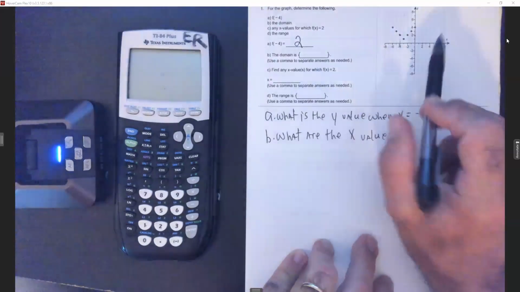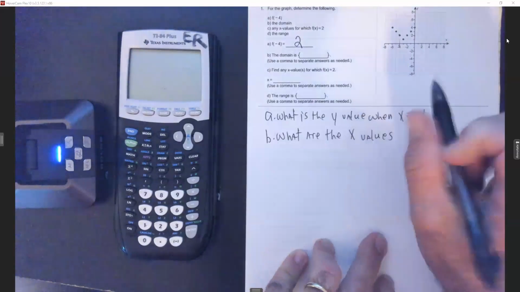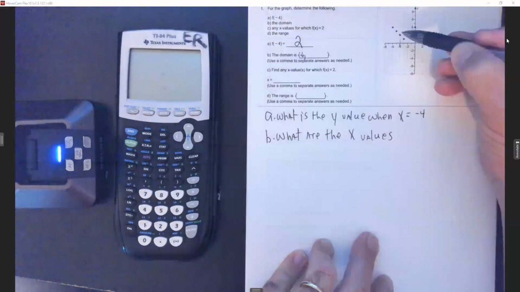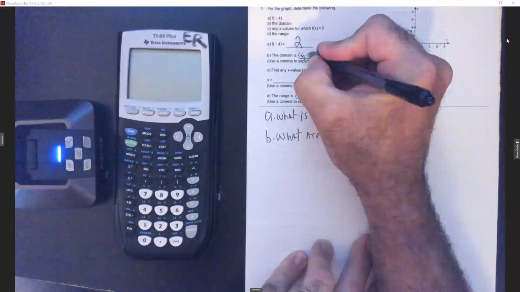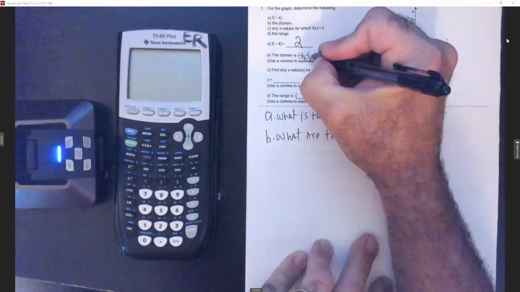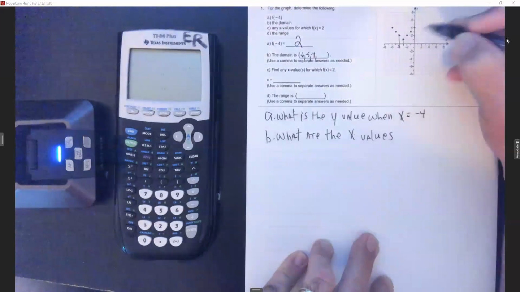So the first x I have is a -6. So you'd put -6, comma. This one has an x value of -5. This one had an x value of -4. This one had an x value of -3.